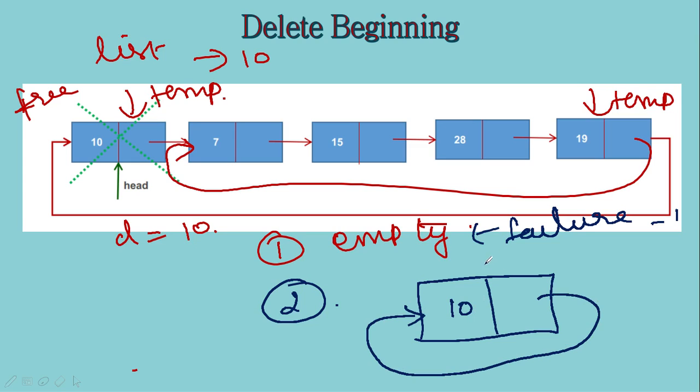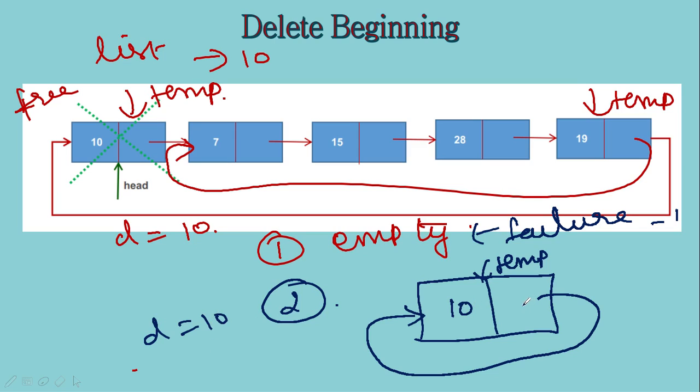As per the algorithm we discussed, we will declare a temporary pointer, make it point to head, and the next step of the algorithm tells you to move to the last node. But when you look at a circular linked list with only one node, that first node is the last node as well. So temp will be here, right? And your algorithm tells you to store data in D, so I have stored it.